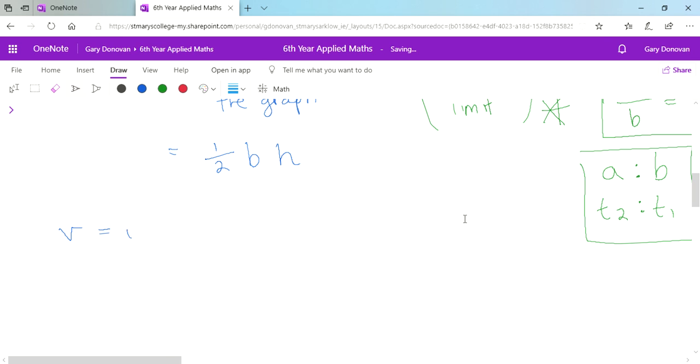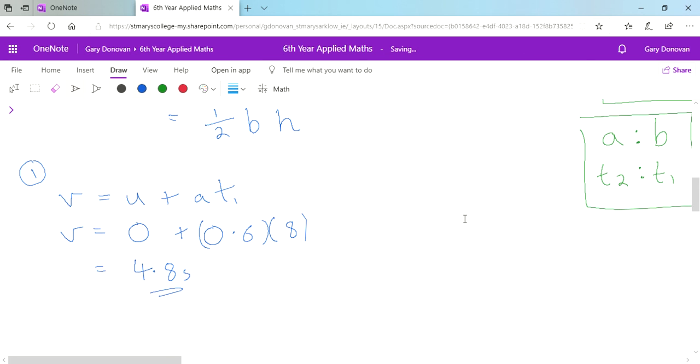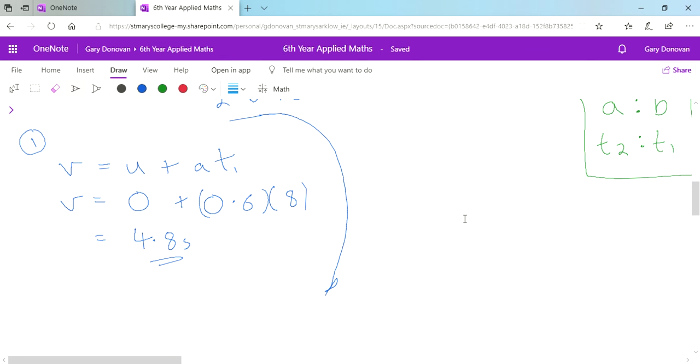So v equals u plus at, and I'm going to use stage 1. The final velocity is the initial velocity, which is 0, plus acceleration a, 0.6, times t1, which is 8, so the final velocity is 4.8 meters per second. Now we can use that to find the area under the graph.